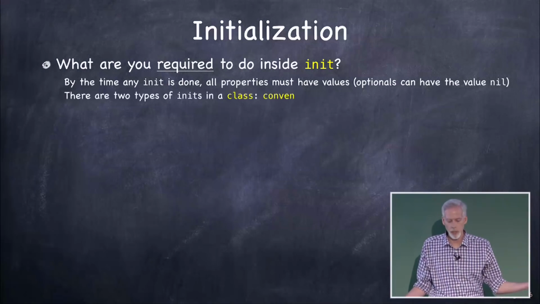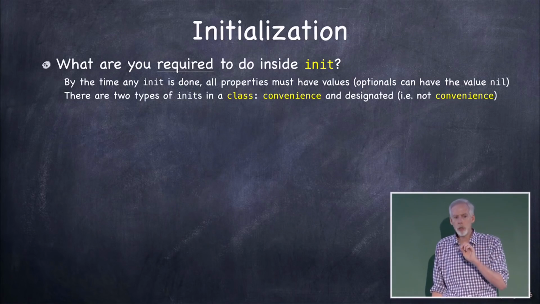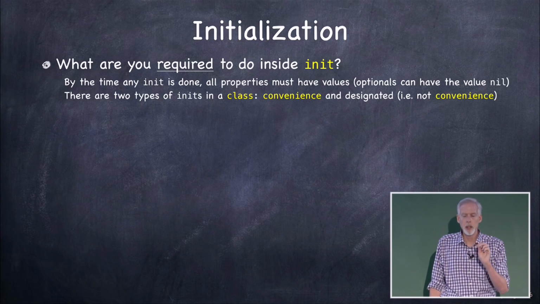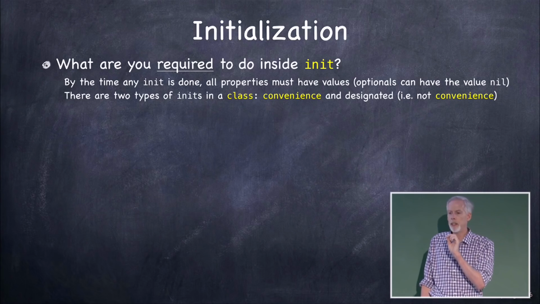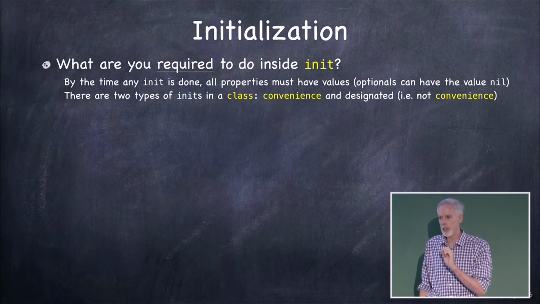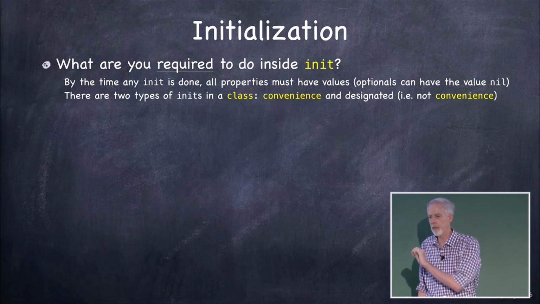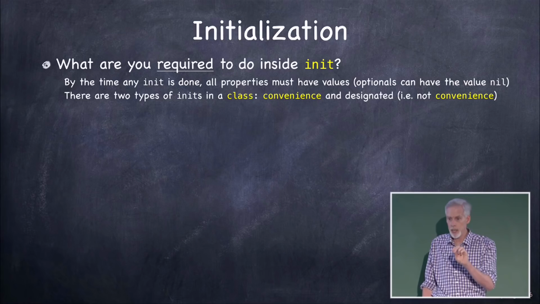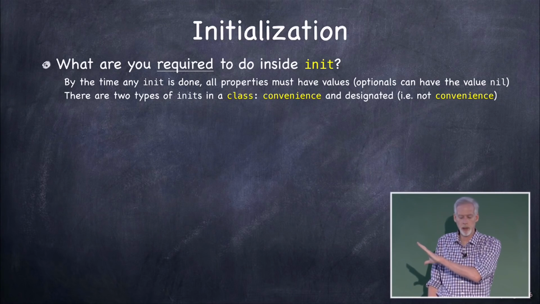That's fine. Now, there are two types of init methods in a class: convenience initializers and designated initializers. Designated initializers are not marked with the word convenience. Convenience initializers say convenience init in their declaration.